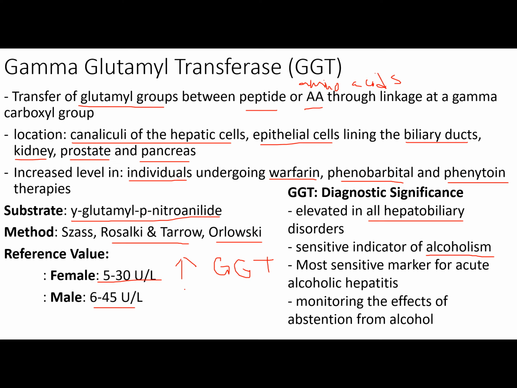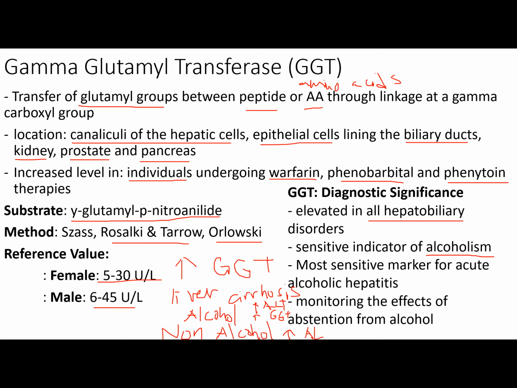So let's say you want to know if the cause of liver cirrhosis is due to alcohol or non-alcohol. If it's caused by alcohol, it usually has an increased ALT, increased GGT. But if it's non-alcohol, most of the time it's only ALT.